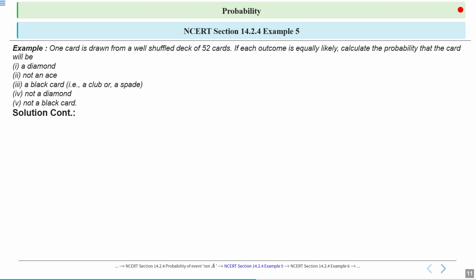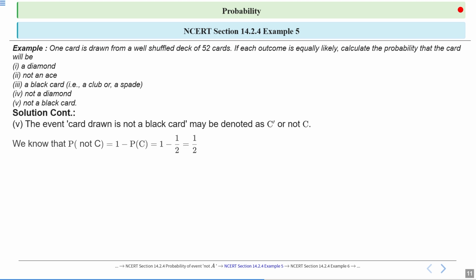Now we will calculate the probability that the card will not be a black card. The event that the card drawn is not a black card may be denoted as C complement, or not C. We've already found the probability of C, which is 1 by 2.